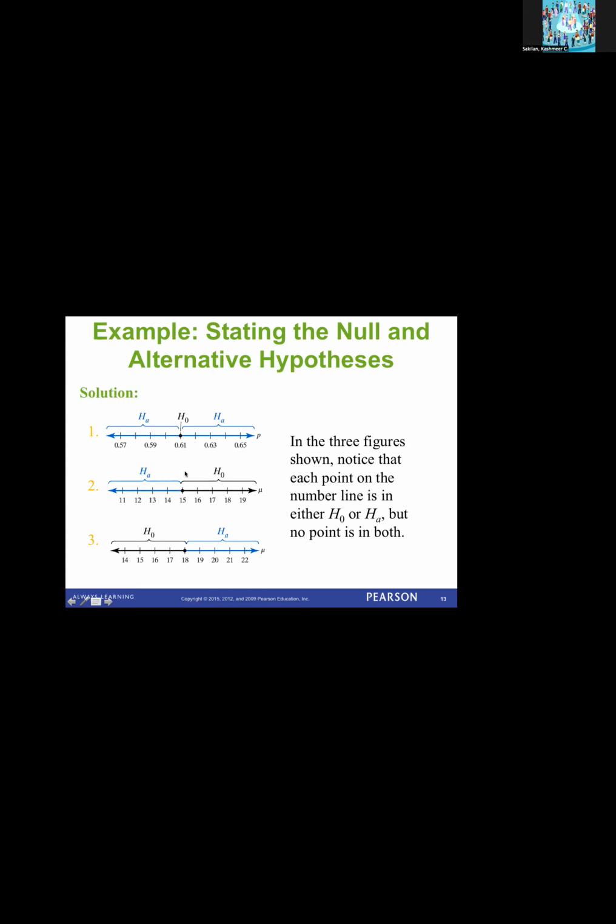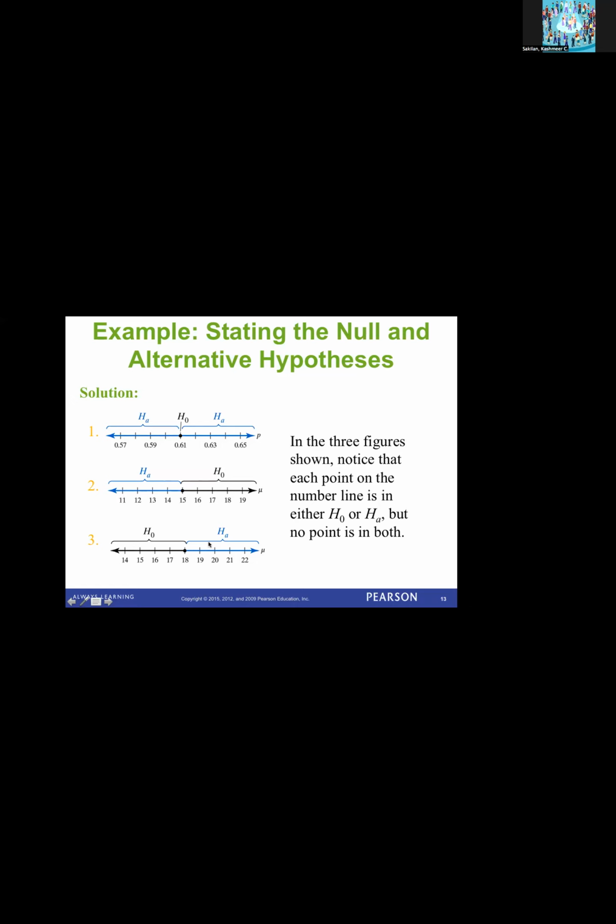In terms of the representation of the alternative hypotheses, in number 1, HA is less than 0.61. Remember that the line does not include 0.61, so it is less than 0.61. In number 2, the alternative hypothesis is less than 15, so this blue line going to the left side means less than 15.